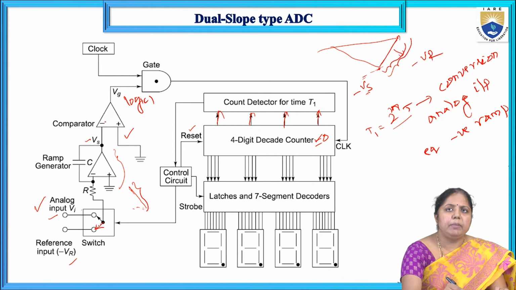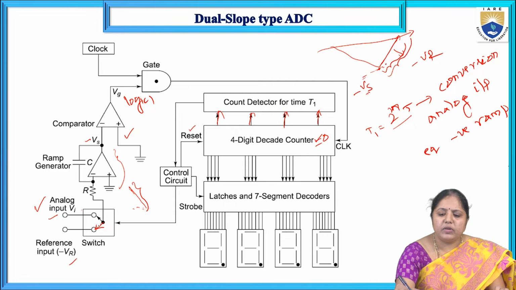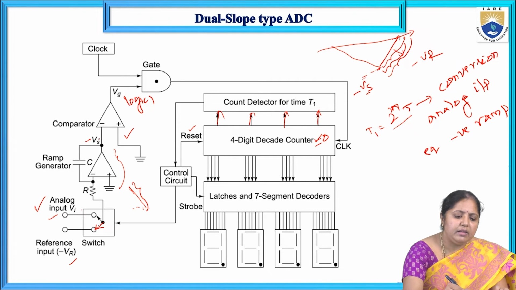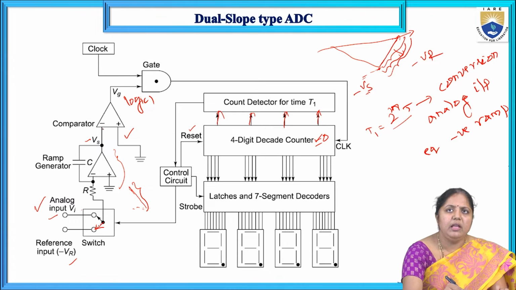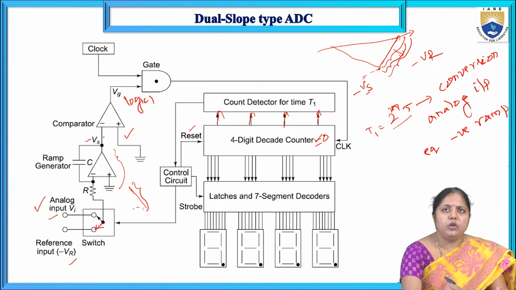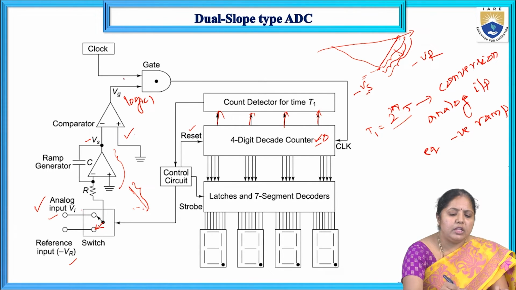The negative terminal input of the comparator is simply the negative voltage minus Vs itself, because here it will come to 0. Otherwise, for all these values, I am getting negative voltage only as the output of the integrator. Now again, your positive potential became more than the negative potential. At that time, the output of this comparator equals logic 1.